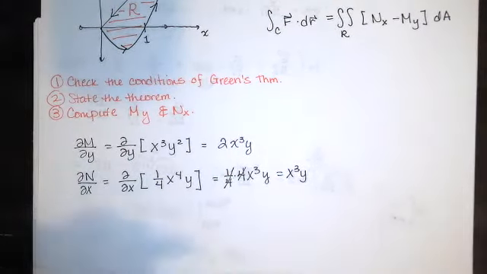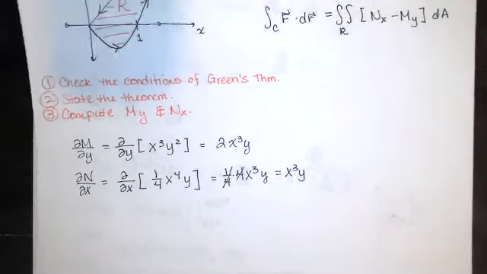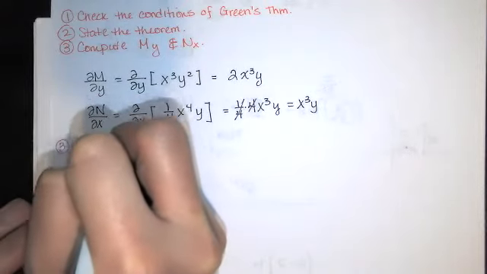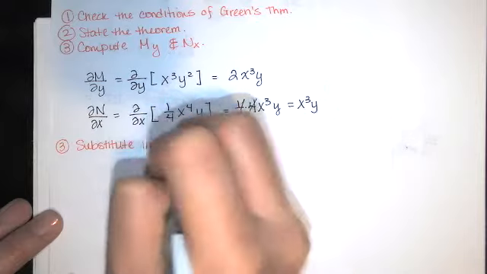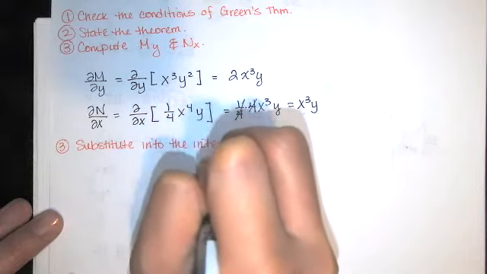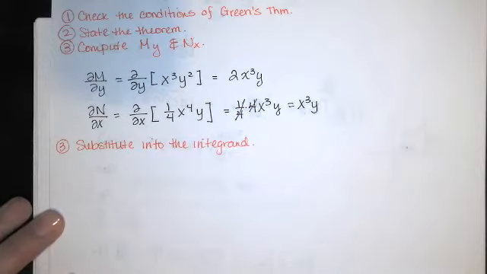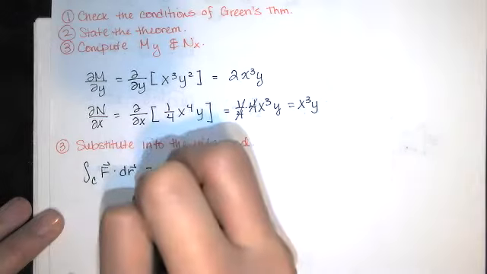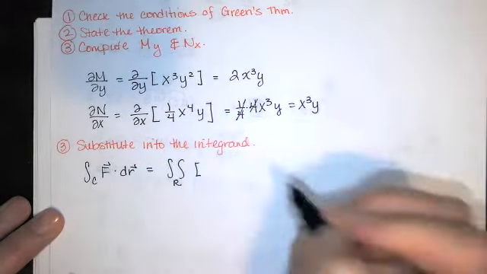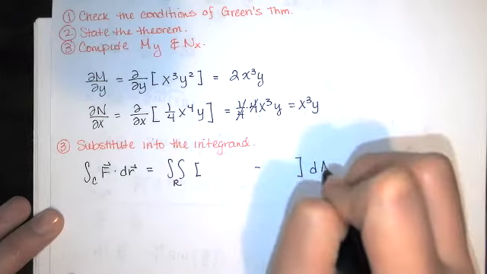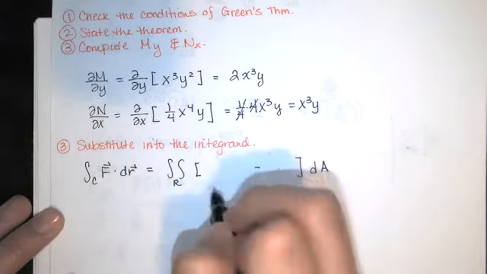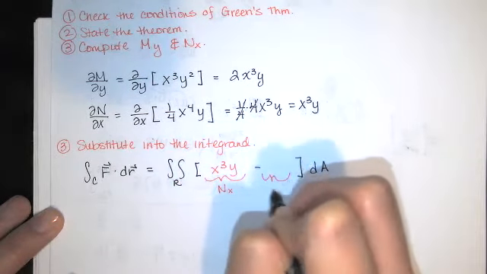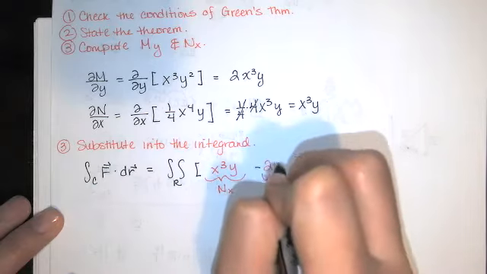So we are substituting into our integrand now. The line integral over the boundary is equal to the double integral over R of the partial of n with respect to x, which was x cubed y, minus the partial of m with respect to y, which is 2x cubed y.